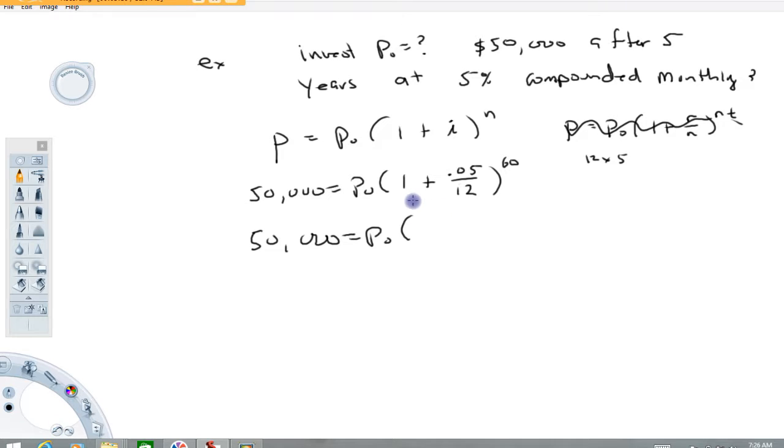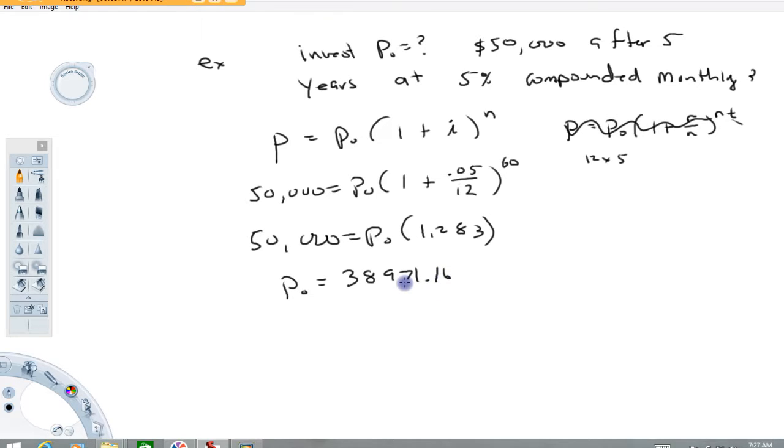All right, so what I get here by the time I calculate this value is 1.283. And therefore, P sub O, let's see if I take the 50,000 and divide by 1.283. Okay, I get a value of $38,971 and some change, 16 cents.